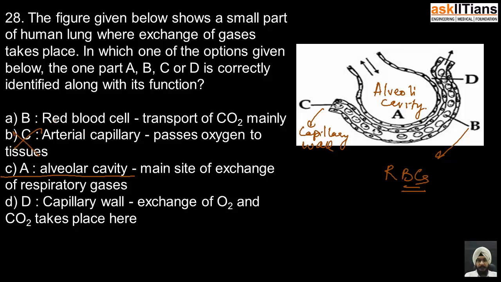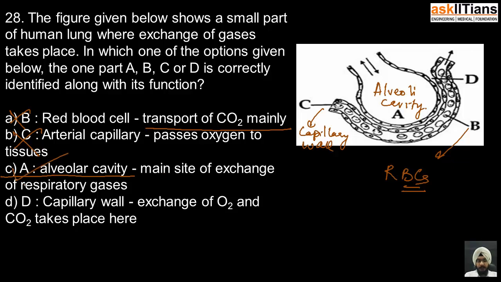And then B says red blood cell, which is right. B is the red blood cell, but we have to see the function it is carrying. It says transport of CO2 mainly, which is wrong. There is an exchange of oxygen involved, so this is incorrect. The C says alveolar cavity, which is the main site of gaseous exchange, which is correct.